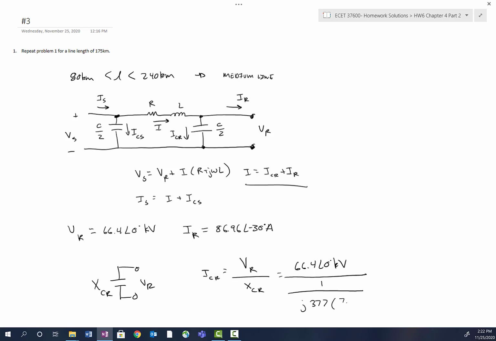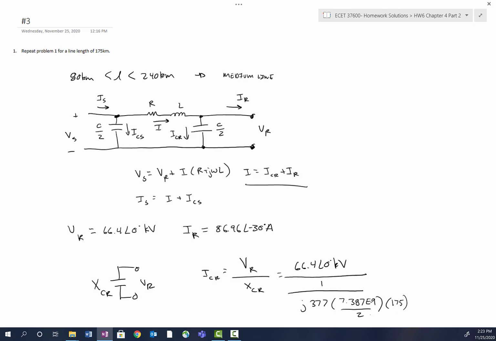The capacitance was 7.387 nanofarads, but we need to divide that by 2 for this model. Half of it goes at the load and half of it goes at the source. So that gives us C. We now need to multiply by the line length, which was 175.